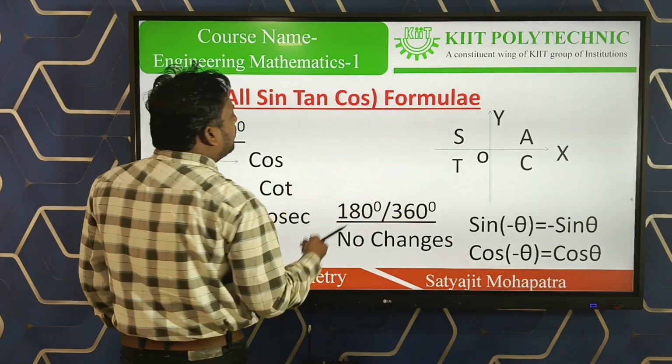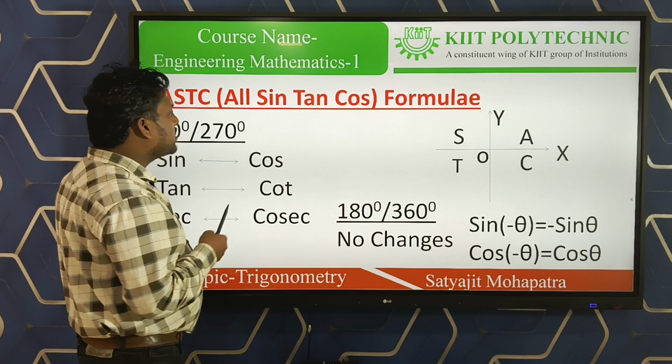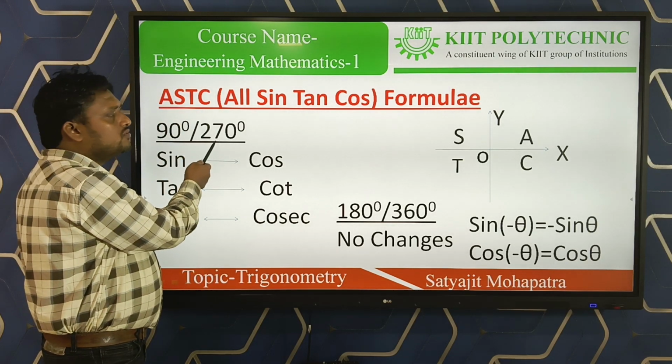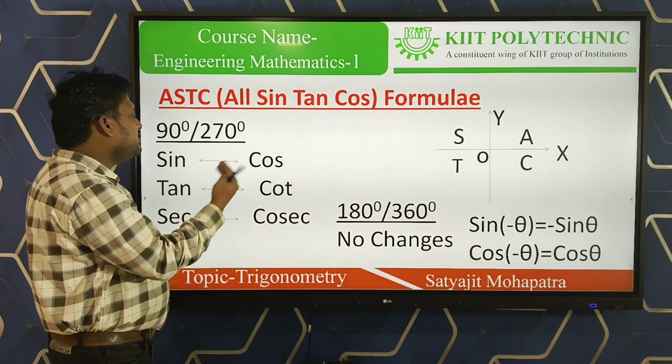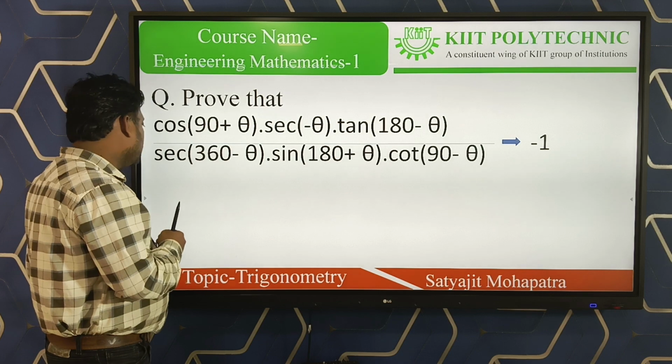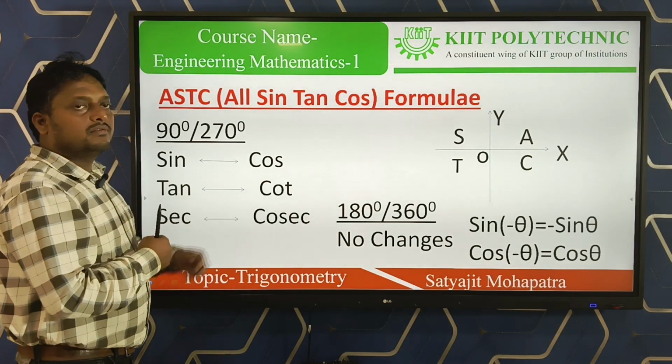Okay, then we'll cover the formula. All of you try to get here. When you see 90 degrees or 270 degrees, there is a change between sine and cos, tan and cot, and sec and cosec.